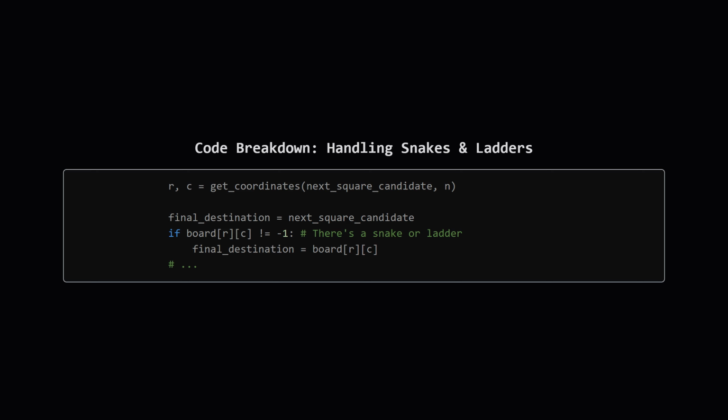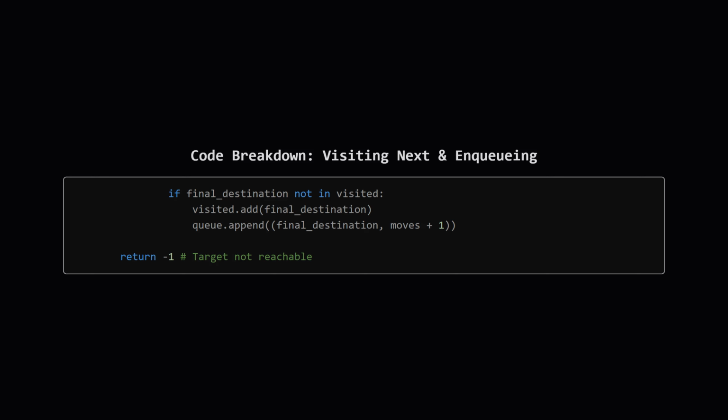We look at the value on that row and column. If that value is not -1, it means there's a snake or a ladder there. In that case, our final destination becomes whatever number the board tells us to go to. If the board value is -1, it's a normal square, so our final destination just stays as the next square candidate.